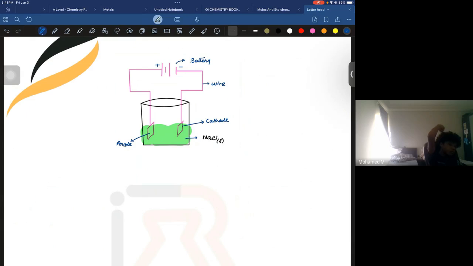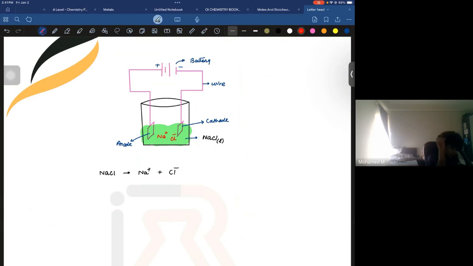Obviously, when you turn on the battery, you pass electricity through the sodium chloride liquid. Afterward, you would see that sodium chloride breaks down to give you Na plus and Cl minus. You would see a lot of ions in this beaker.